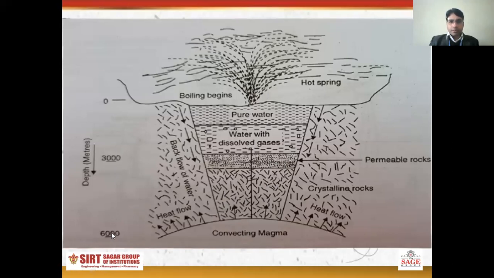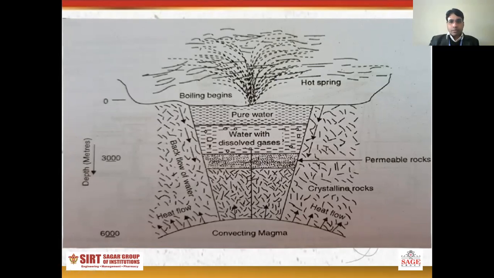From this depth, the conducting magma heat is passed through the different layers to the earth surface. This heat comes in the form of a hot spring. Here you can see the spouting of a hot spring, and this is a simple graphical representation of hot springs.